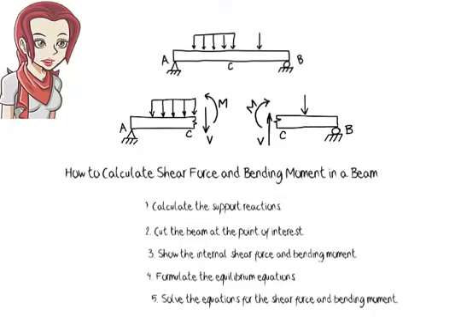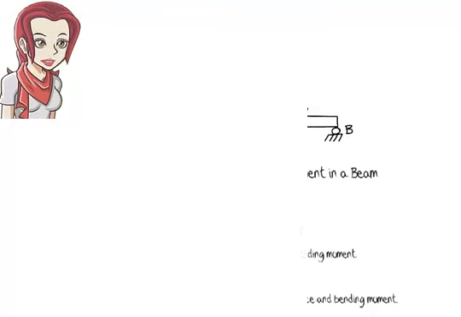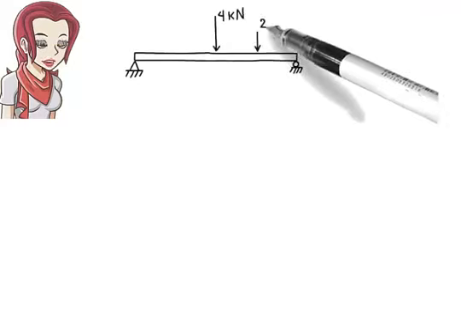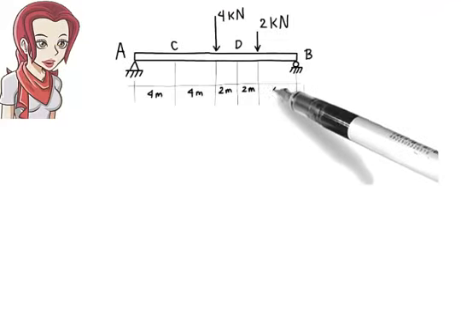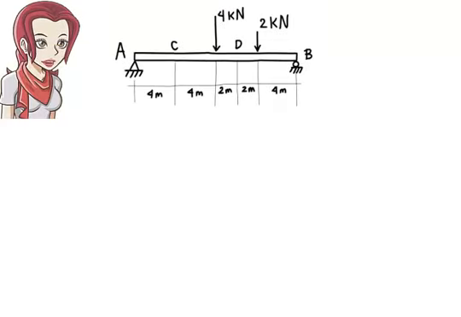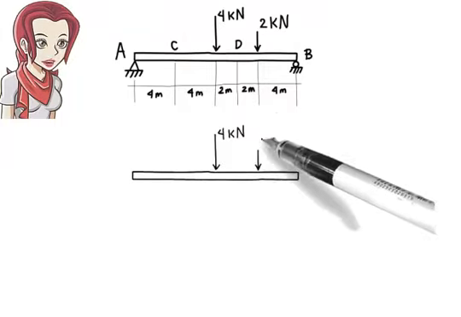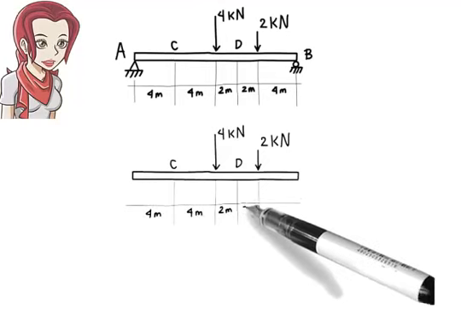Let's illustrate this process using an example. Suppose we have a simply supported beam subjected to two concentrated loads. We wish to determine shear and moment at points C and D. Let's start by calculating the support reactions. Here is the beam's free body diagram.